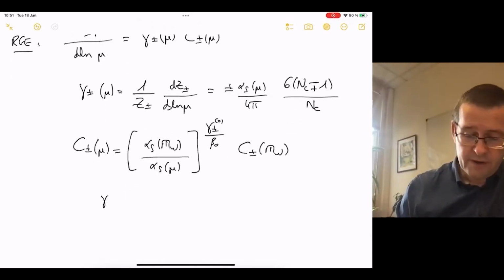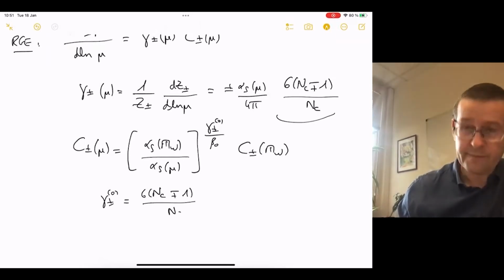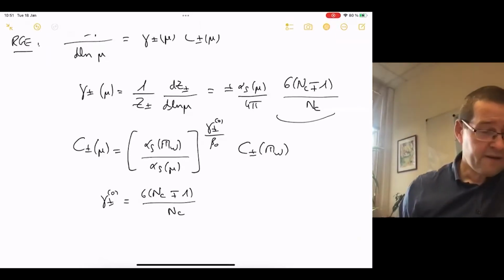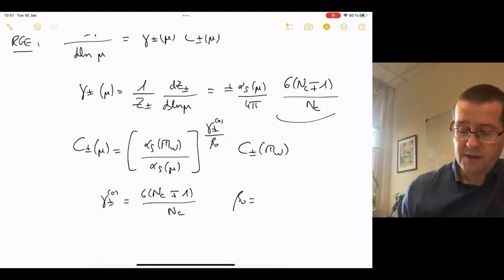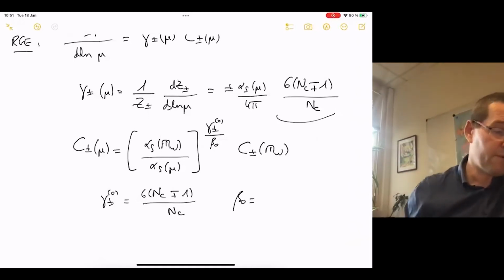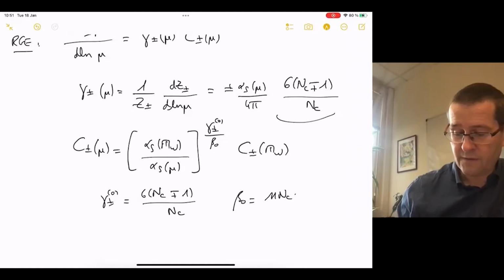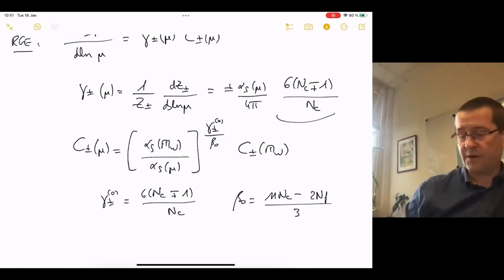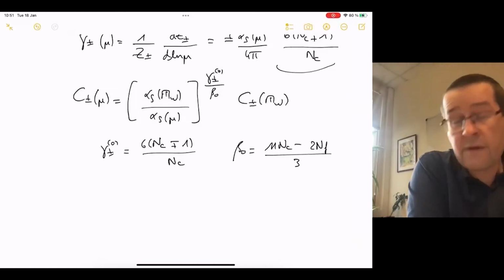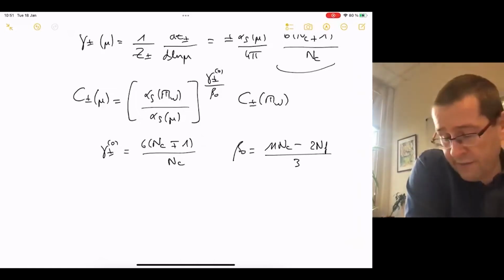So gamma plus minus 0 is just the coefficient that you have here, and that stems from the RGE. And then you've got beta 0, which is related to the dependence on mu of alpha S. And so that's just a combination of the number of colors and the active flavors of the theory.